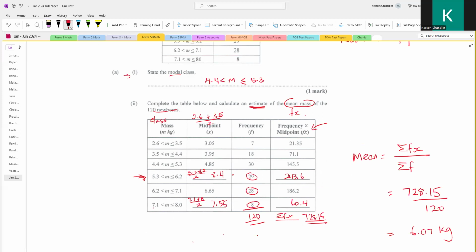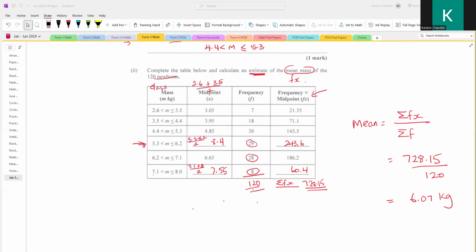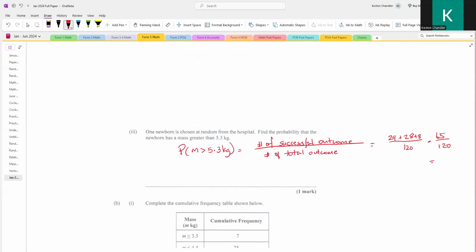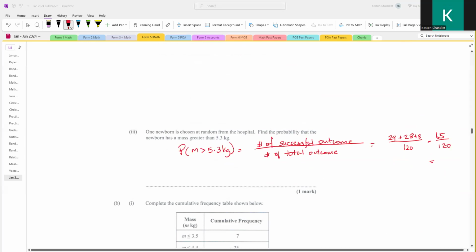So 29 plus 28 plus 8 is 65, over 120. If we divide 65 by 120, you will get 0.5416.